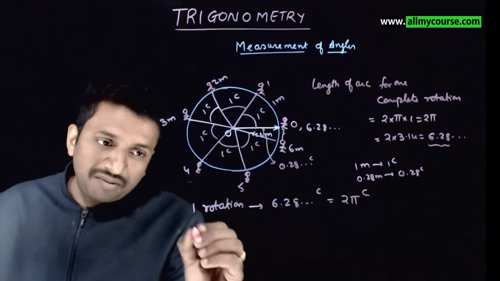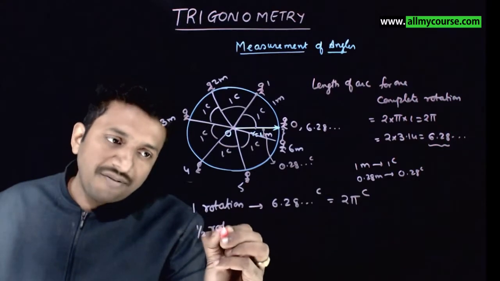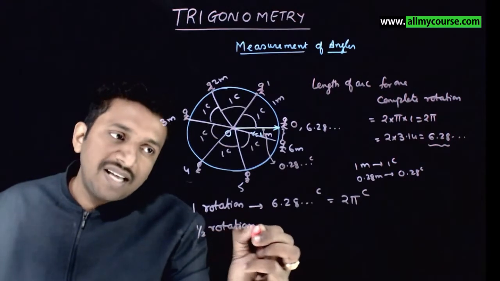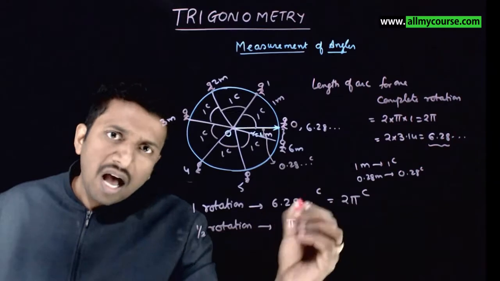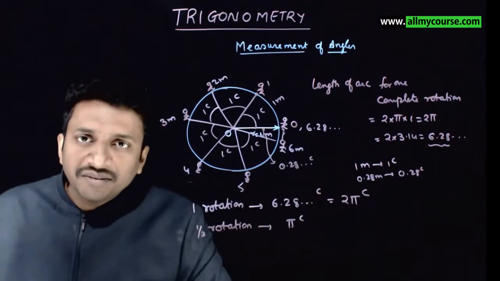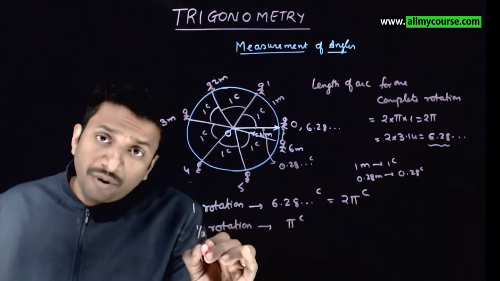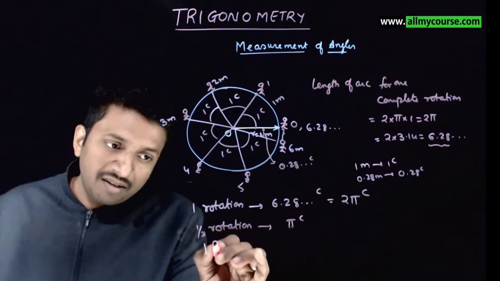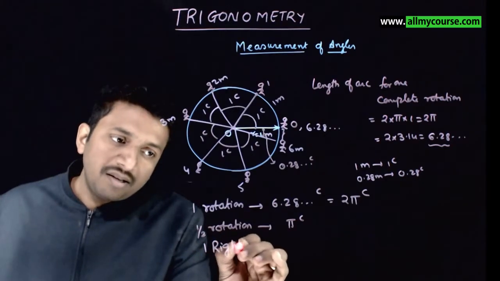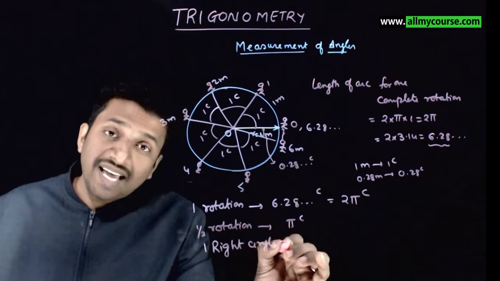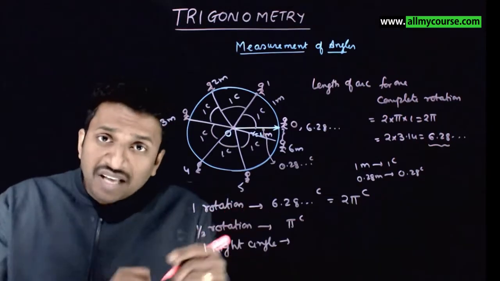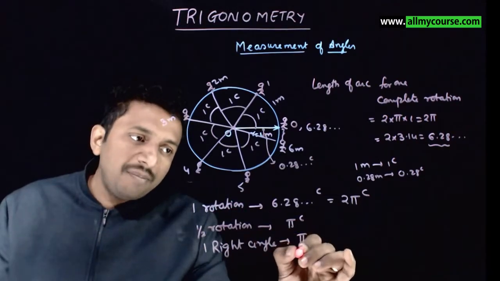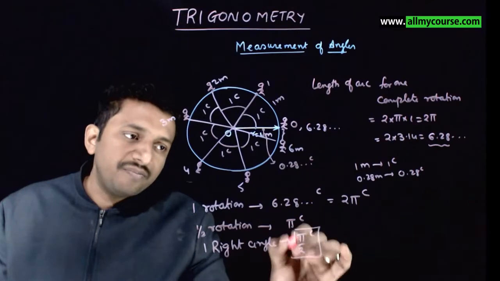So half rotation is exactly equal to half of 2 pi radians, that is pi radians, right? And 1/4 of a rotation, that is one right angle, is exactly equal to half of this half rotation, that is pi by 2 radians.